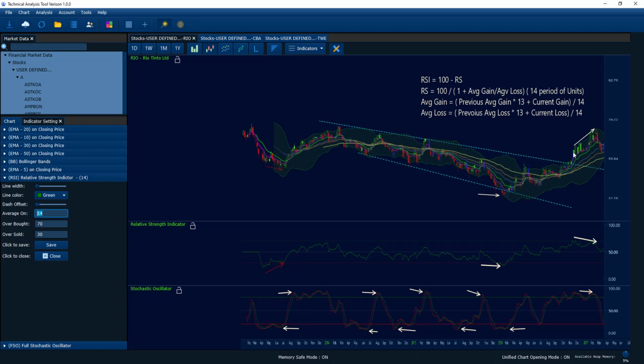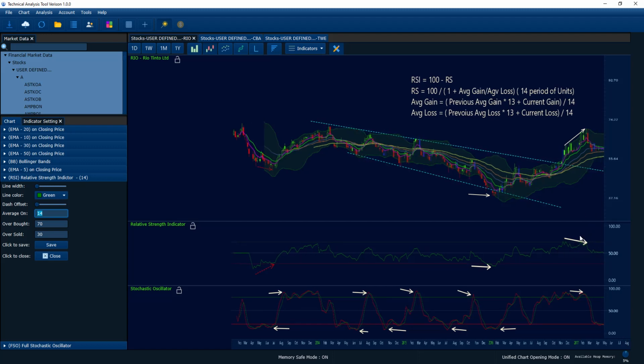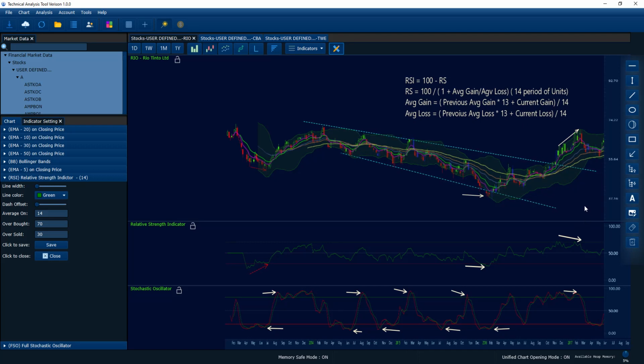This is the bearish divergence. What that means is the price creates a higher high, as you can see here, and the RSI has a lower low, not very significant, but you can still see it if I move this arrow a little bit away. As you can see more clearly here, that's called a bearish divergence.